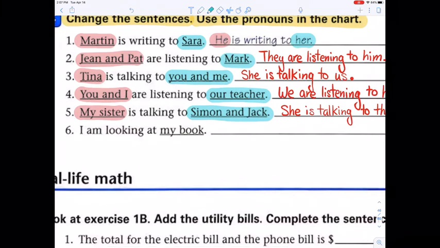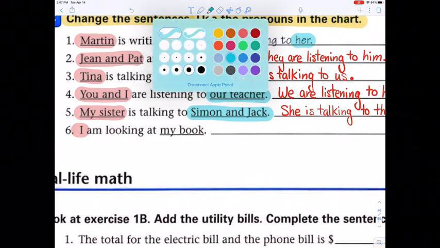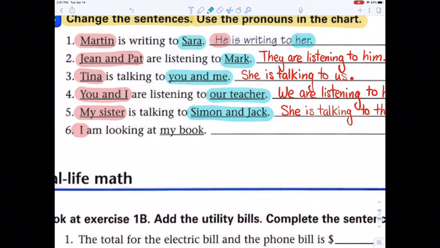Let's take a look. Which one is the subject pronoun? I. Okay, well that's already a subject pronoun here. Let's take a look. What's the object? My book is the object. Let's write it again. I doesn't need to change. It's already a pronoun.